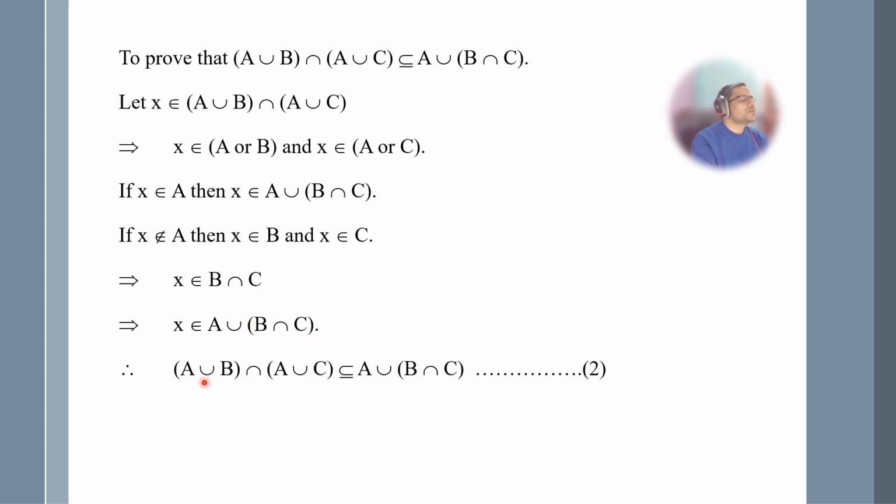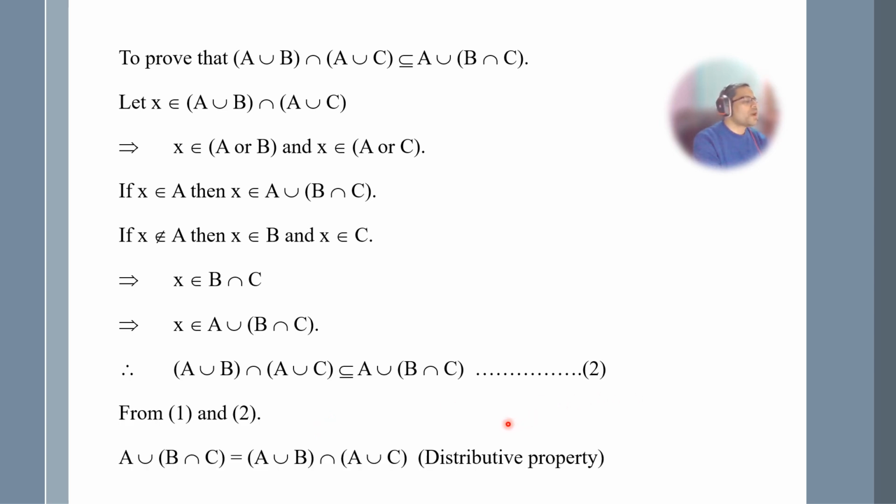We have supposed that x belongs to this whole term, and we found the result that x also belongs to this right side. And that's why we can say that (A union B) intersection (A union C) is a subset of A union (B intersection C). Suppose this is relation 2.